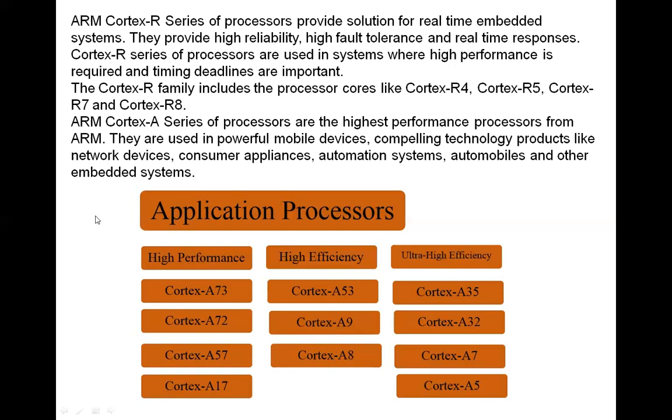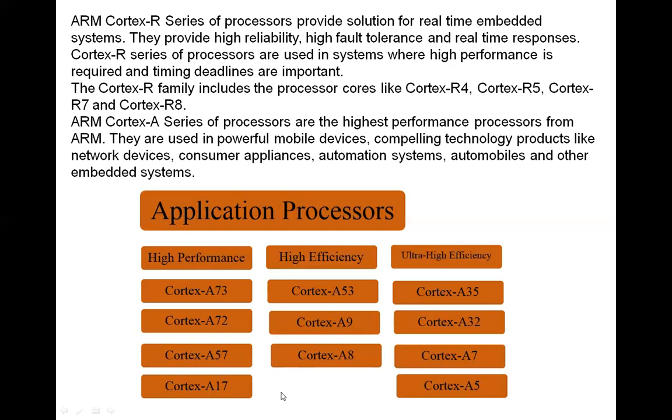Cortex A73, A72, A57, and A17 are listed under the high performance category, so where you need a high performance processor, you can utilize this family. If you need high efficiency, as per your embedded product, you can choose the A53, A9, A8 family.